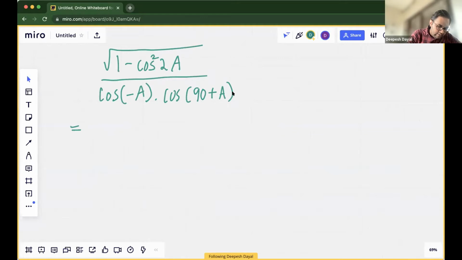Cos 2a equals, and it gave us a few options: 2 cos squared a minus 1, 1 minus 2 sine squared a, etc. So 1 minus cos squared 2a gets converted to sine squared 2a, using the double angle rules.